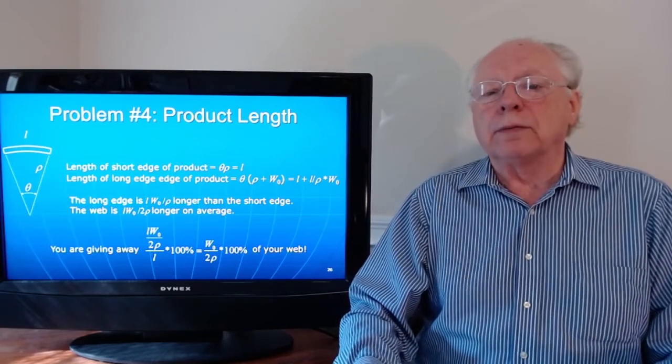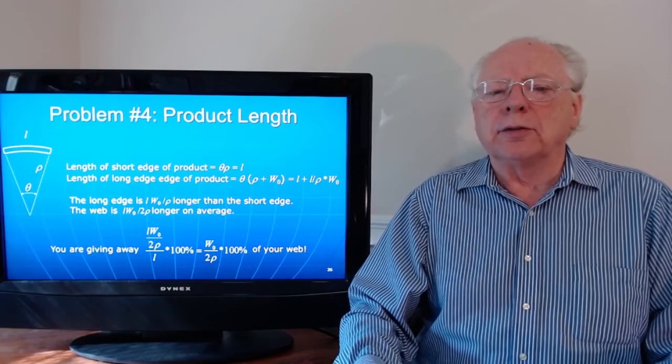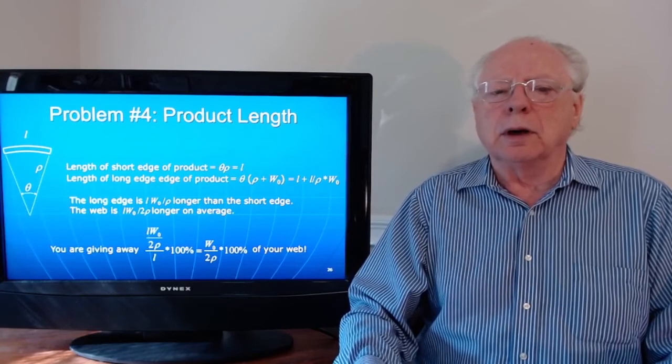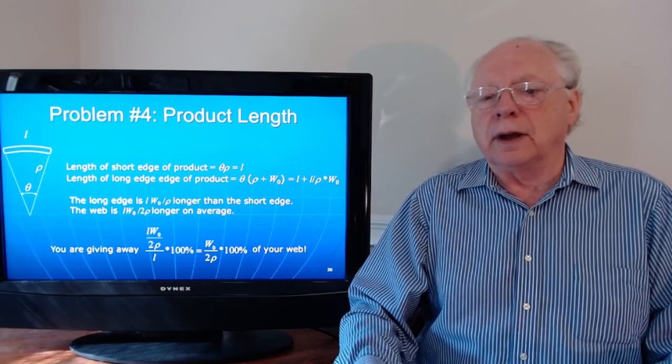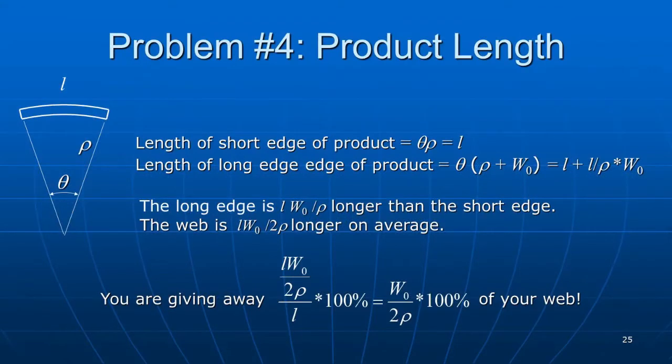If you have a wide front machine making narrower slit products, camber alone makes products on the long side LW over rho longer than products from the short side. All else being perfect, you are giving away W over 2 rho times 100% of your web, trying to make the short side achieve the minimum length.